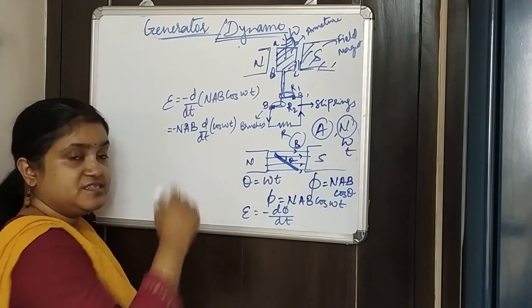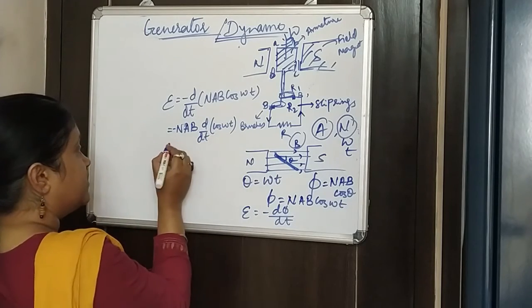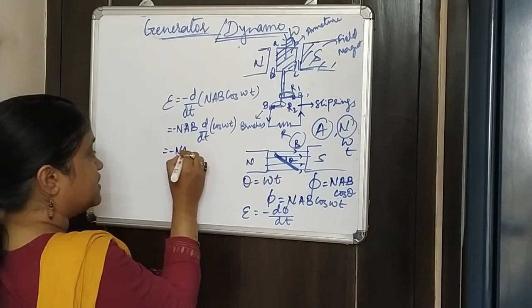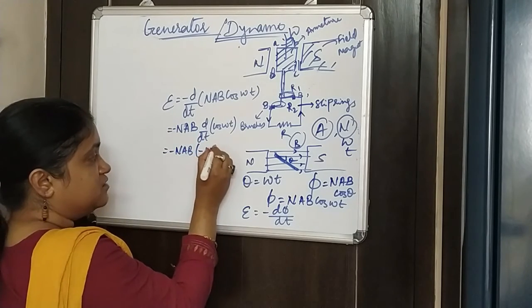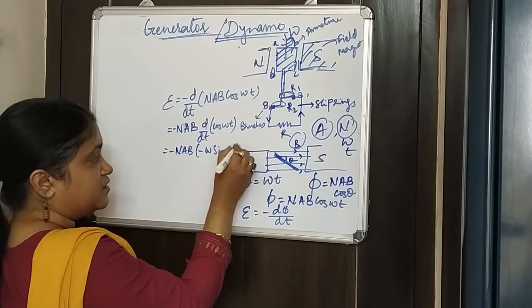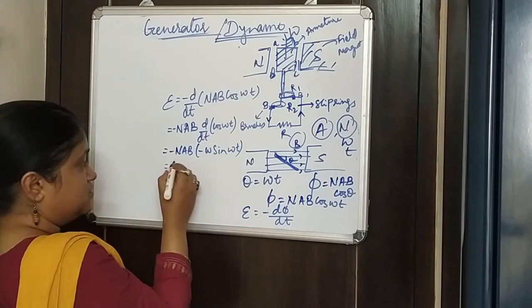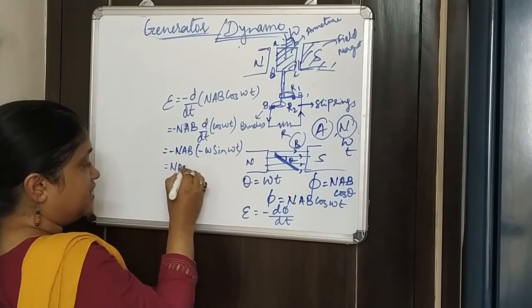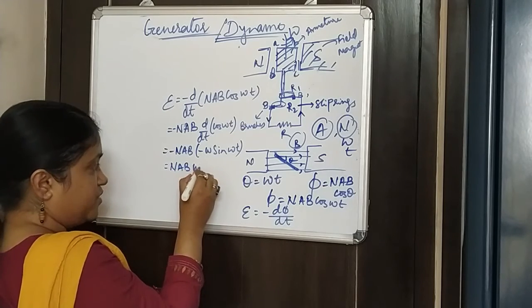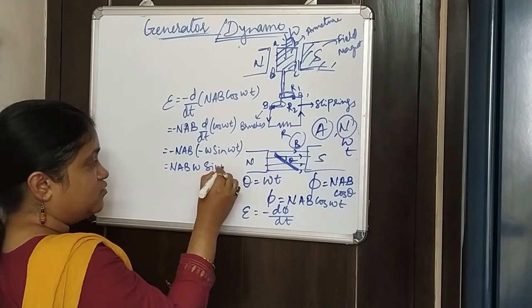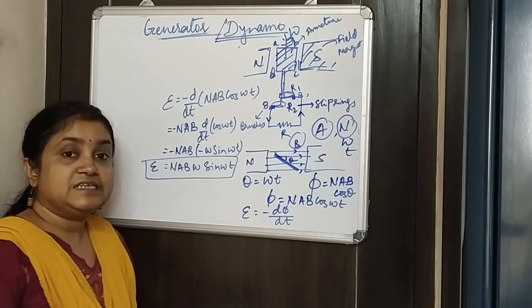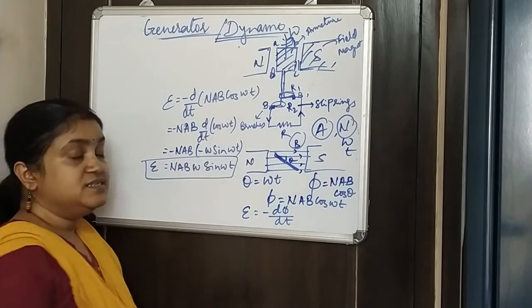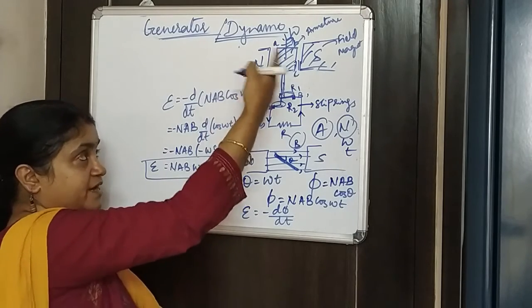Differentiation of cos omega t will be minus omega sin omega t. So therefore this will become N A B omega sin omega t. So this is the EMF that is produced by this generator or by this armature.